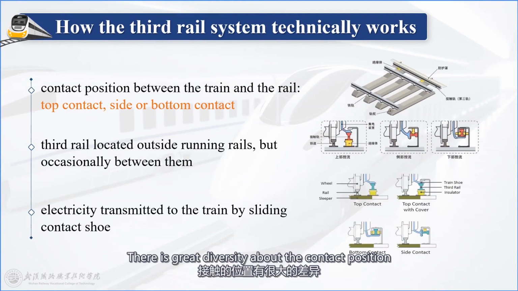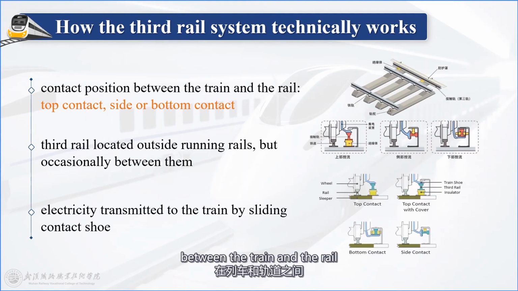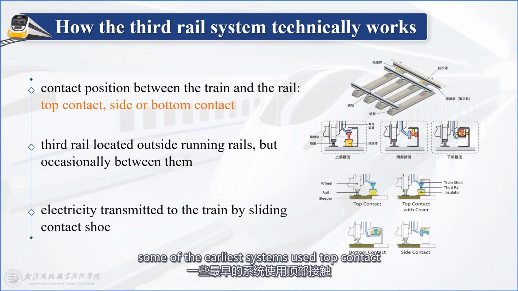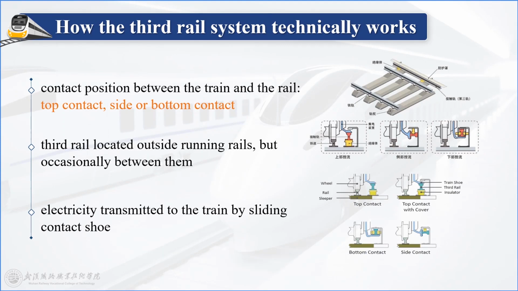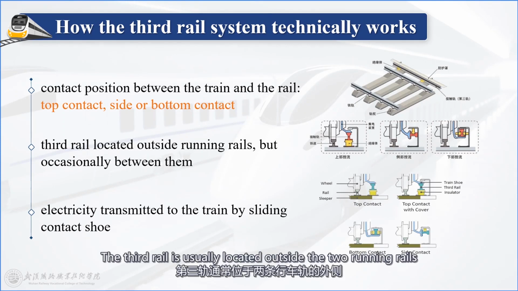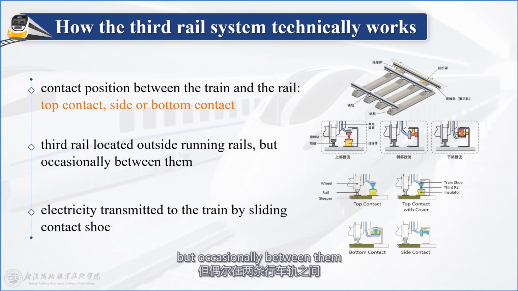There is great diversity about the contact position between the train and the rail. Some of the earliest systems used top contact, but developments used side or bottom contact. The third rail is usually located outside the two running rails, but occasionally between them.